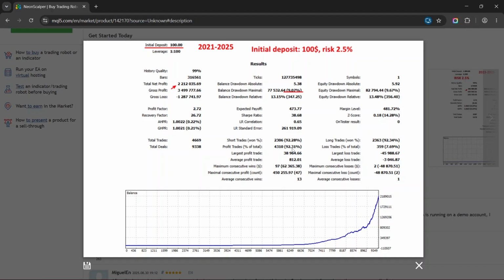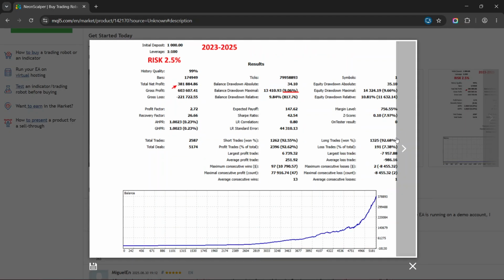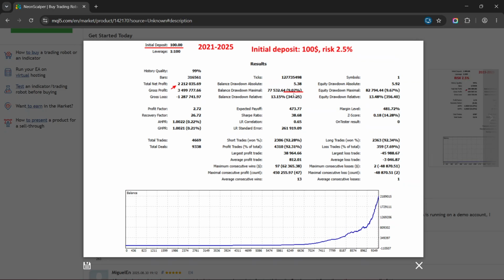Profit rate of 92%, way higher than mine. So you can see theirs looks a bit exaggerated. Looking at the drawdown, they show a maximum drawdown of 9.7% for equity. Ours was higher, with two digits.